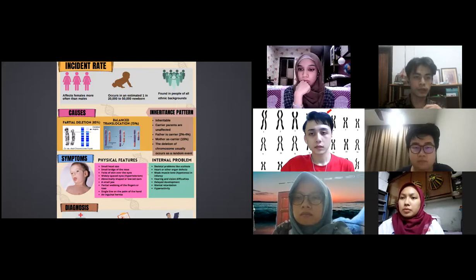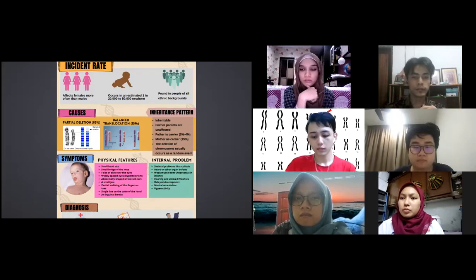So as we can see, 85% of the causes of Creutzfeldt syndrome is from 5p partial deletion, and 15% is from the balanced translocation that is harmless to the parents, but it can lead to dangerous conditions for the child. This 15% of balanced translocation can happen when one parent is a carrier of an equal exchange of chromosome parts, which we call balanced translocation.